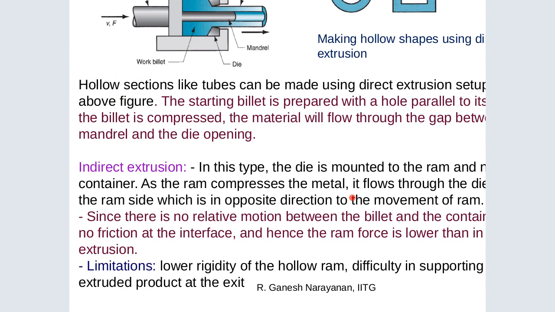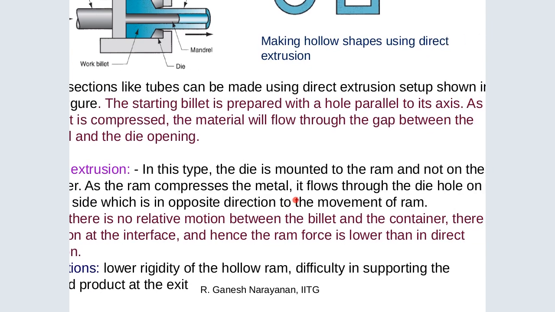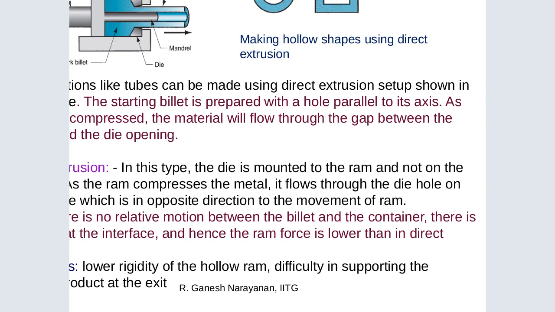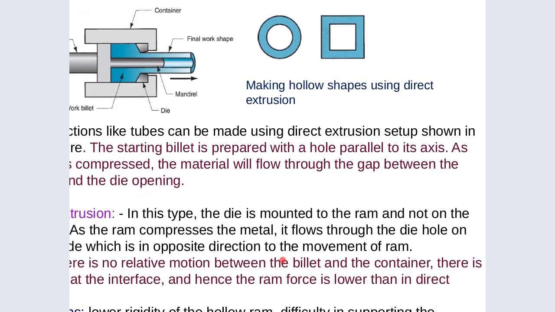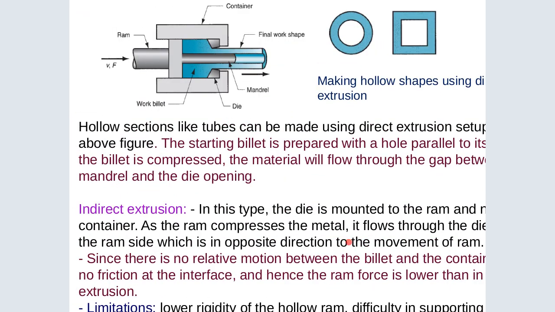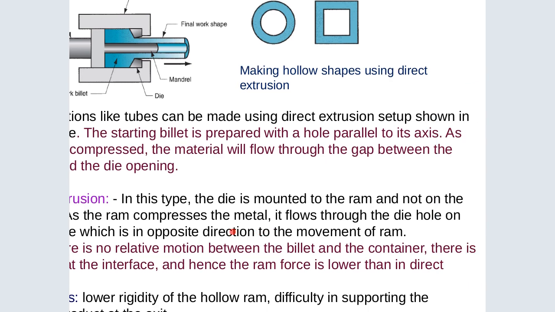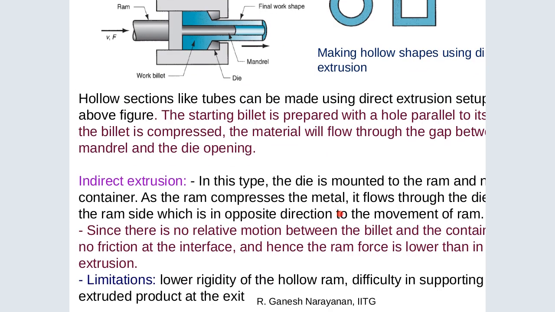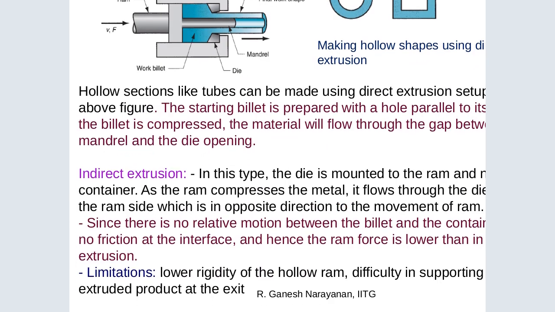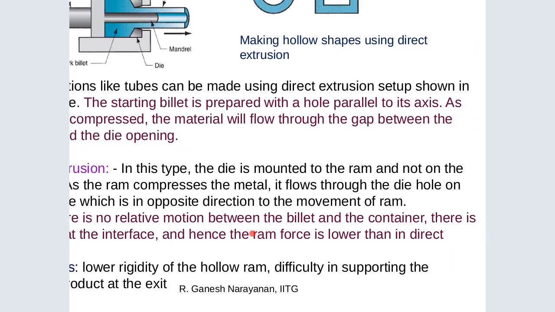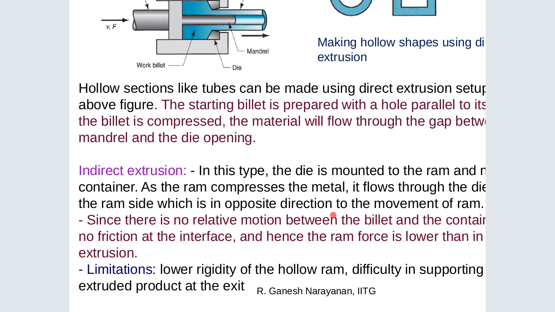The starting billet is prepared with a hole parallel to its axis. The billet is compressed, and the material will flow through the gap between the mandrel and the die opening. In this type of extrusion, the die is mounted on the ram and not the container.